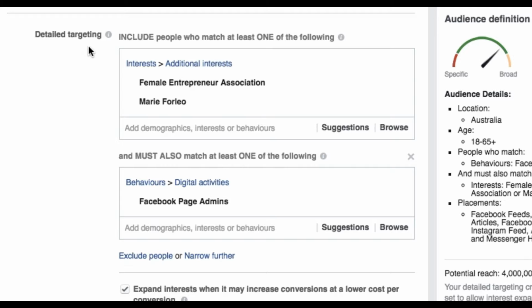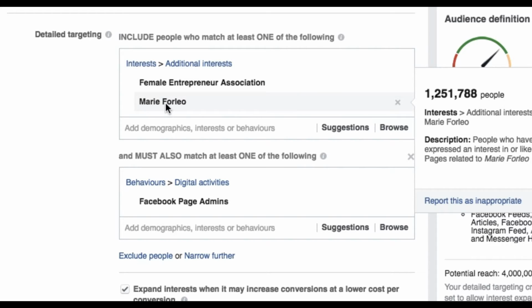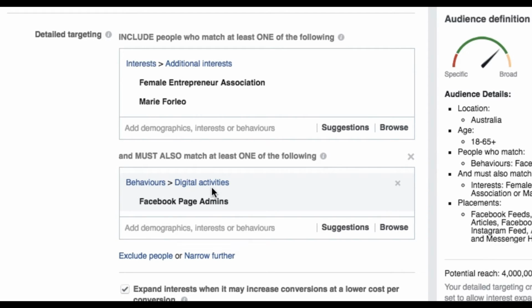So what I'm saying is I don't mind if my article or my post or my ad is seen by people who like the Female Entrepreneur Association or Marie Forleo. What I'm doing when I say this is, but they must be a Facebook page admin. So if you're targeting parents, that would be your and statement. So they must be a parent, but maybe they could be a fan of Lorna Jane or Lululemon.